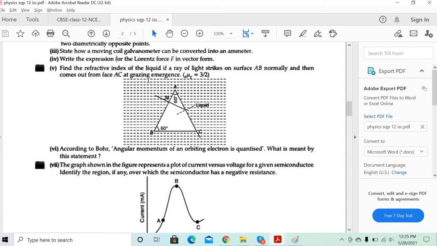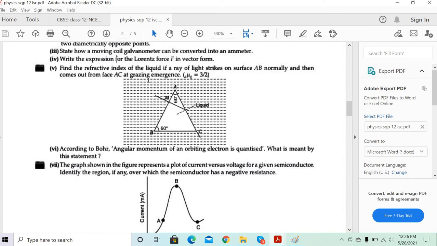For the 6th one, I'm not sure if I wrote it right. It's asking what is meant by the statement.